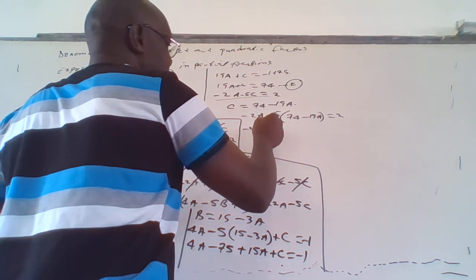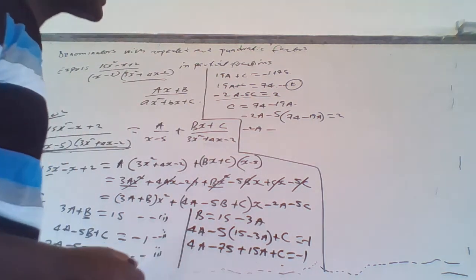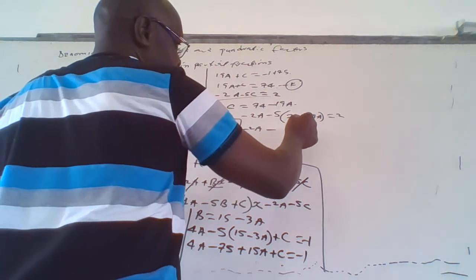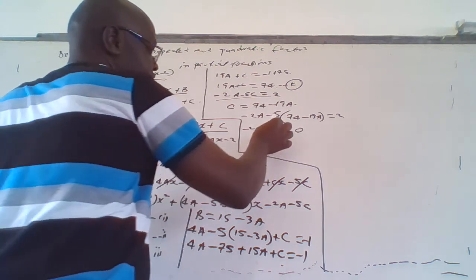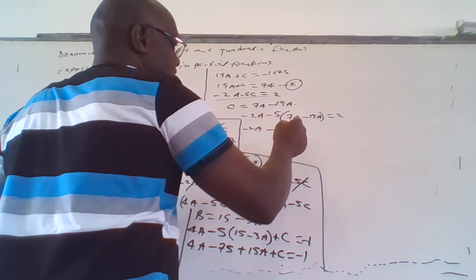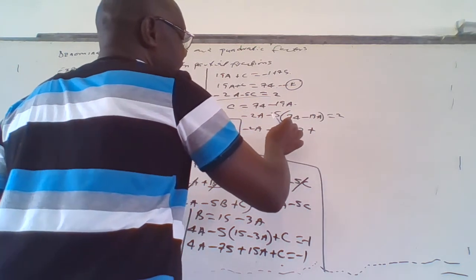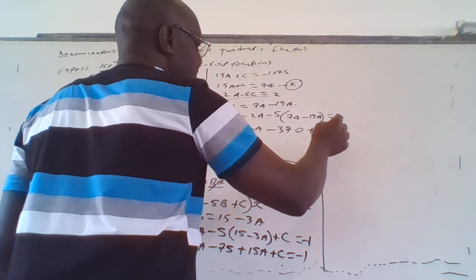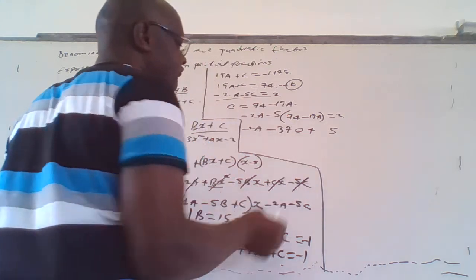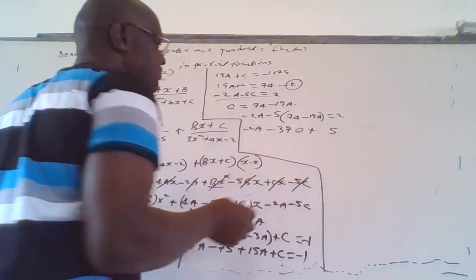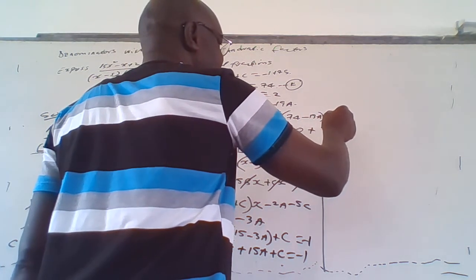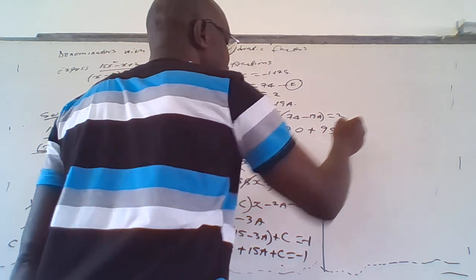So minus 2a minus, take 74 times negative 5: 5 times 4 we have 20, 5 times 7, 35 plus 2, 37, so negative 370. Then plus, 5 times 19: 5 times 9 we have 45, and 4, 5 times 1 is 5, plus 4, we have 95a, equals 2.